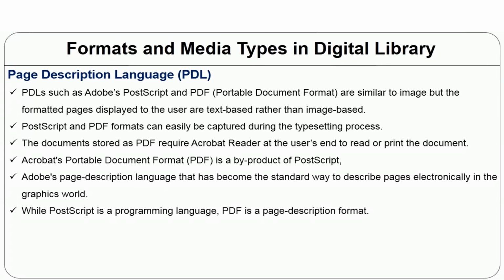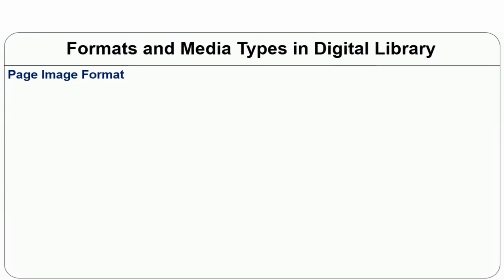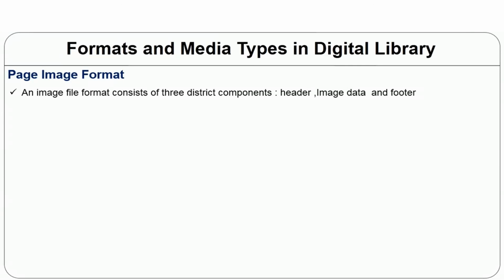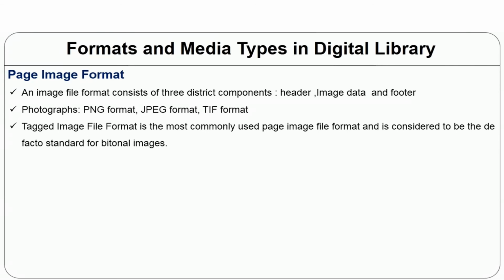This is the difference. Now the page image formats, quickly I will tell some of the names which are known to you. Like photographs that you might have been using, which are generally JPEG format or PNG format. Now there is another format called TIFF, which is the most commonly used page image file format. TIFF stands for Tagged Image File Format and is considered to be the de facto standard for bitonal images.